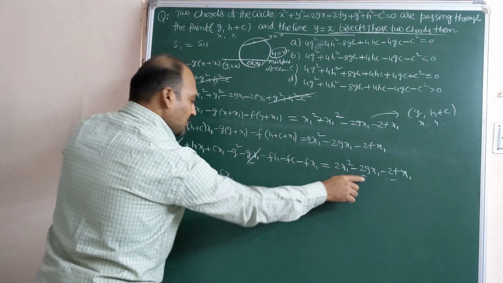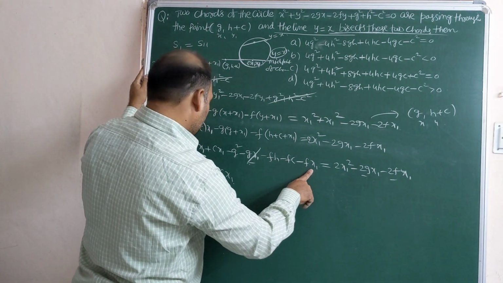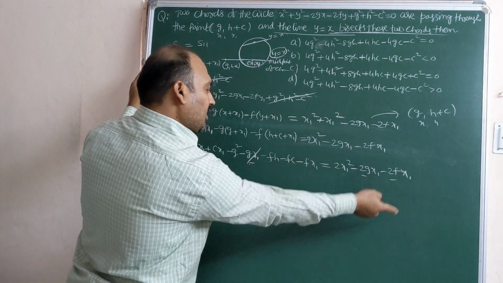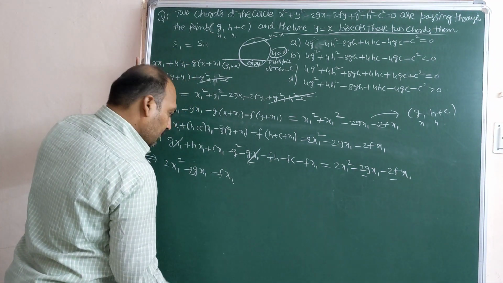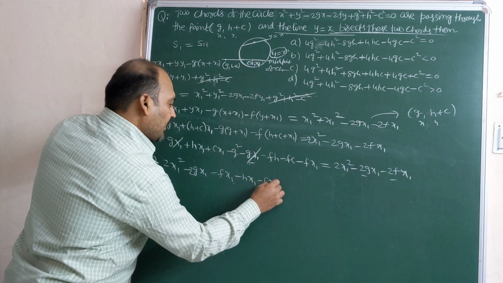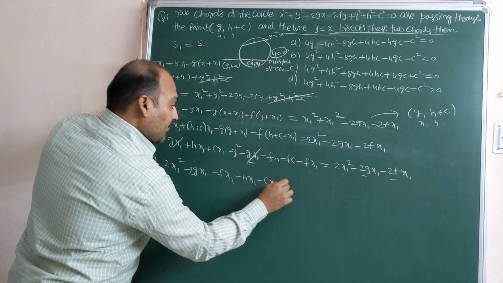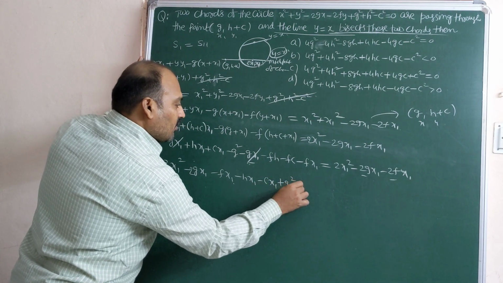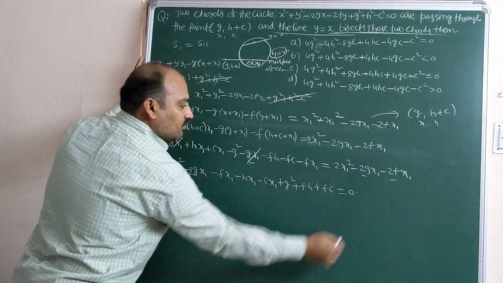So 2gx1 as it is we are writing. Next fx1, there is no fx1 here. This we are taking this side. Next as it is these values, minus hx1 minus cx1, plus g square plus fh plus fc is equal to 0.